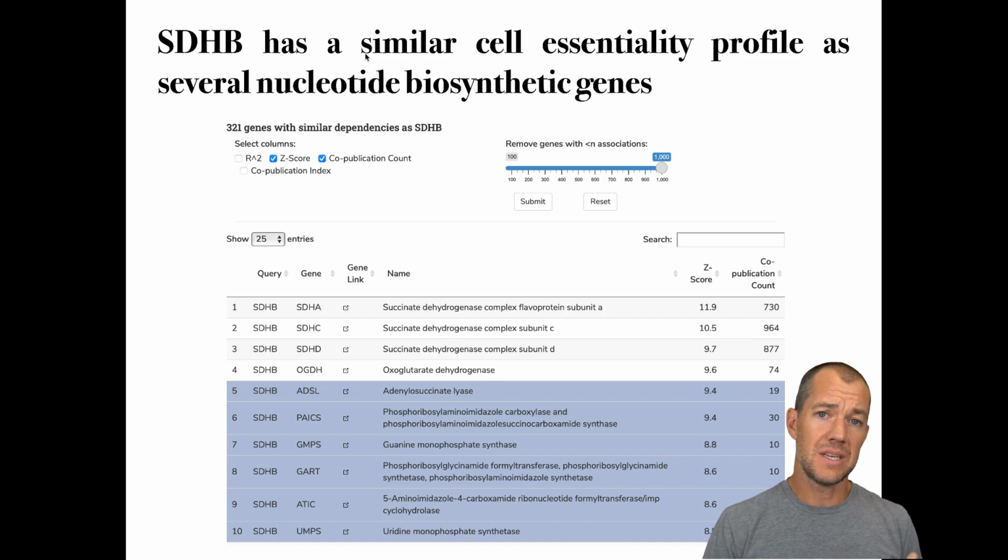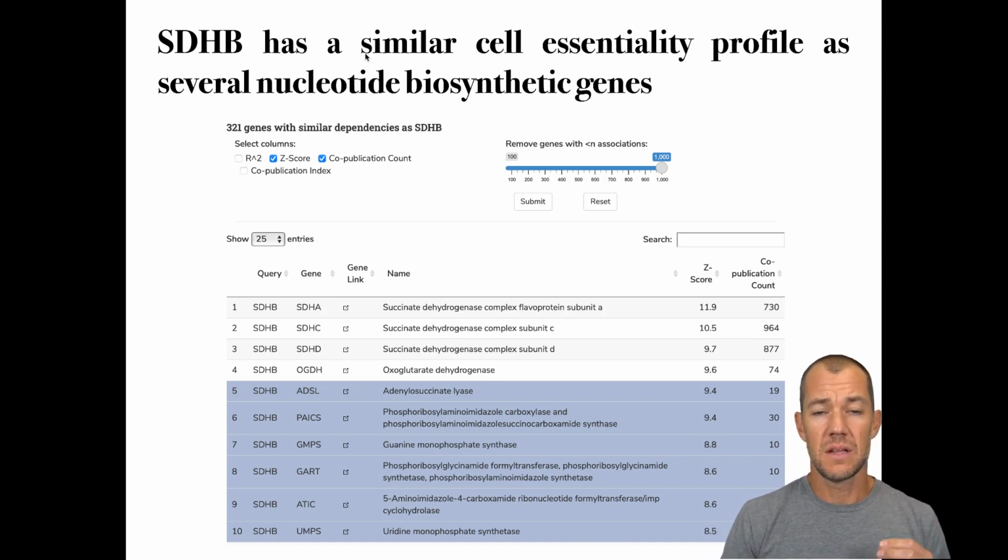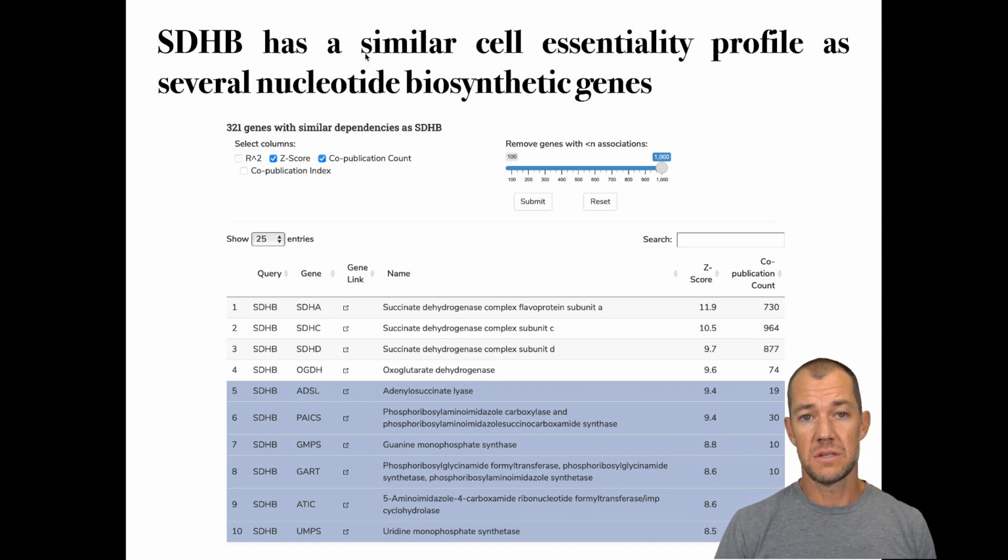So what this could mean is that if a cell lacks a nucleotide biosynthetic gene, it is not going to be able to make nucleotides. But these data also imply that if a cell lacks succinate dehydrogenase B, it will also not be able to make nucleotides. And this now sounds like something that would be ripe for discovery.